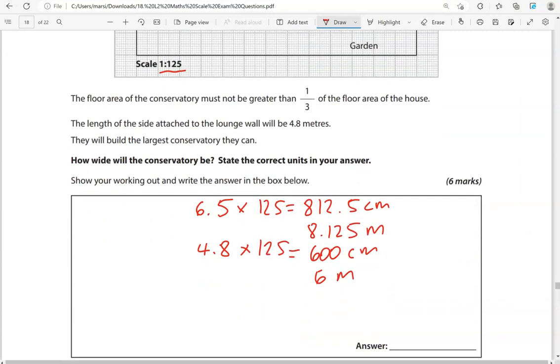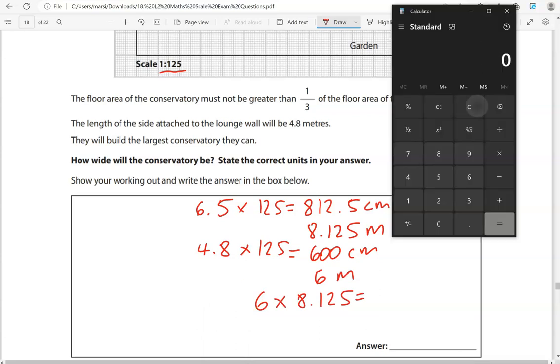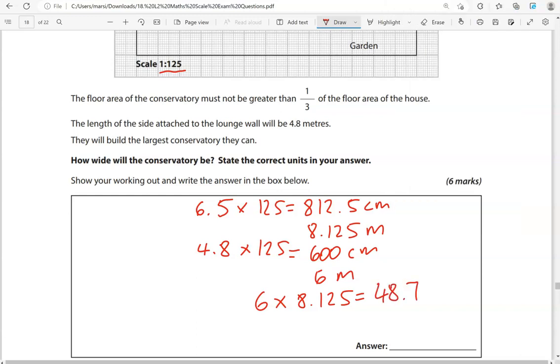So now multiplying 6 by 8.125 should give us the area, which is 48.75 square meters.